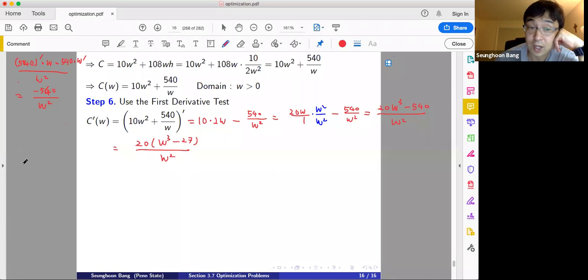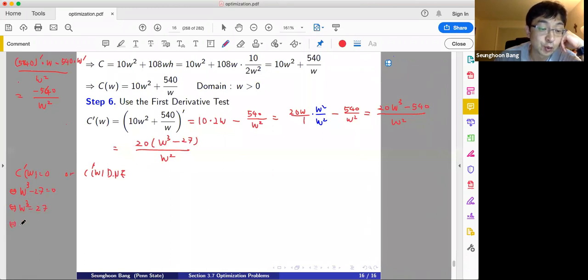Now we find the critical numbers: C prime of W equals 0 or C prime of W does not exist. C prime of W equals 0 when the numerator equals 0, so W cubed minus 27 equals 0. Add 27, so W cubed equals 27.